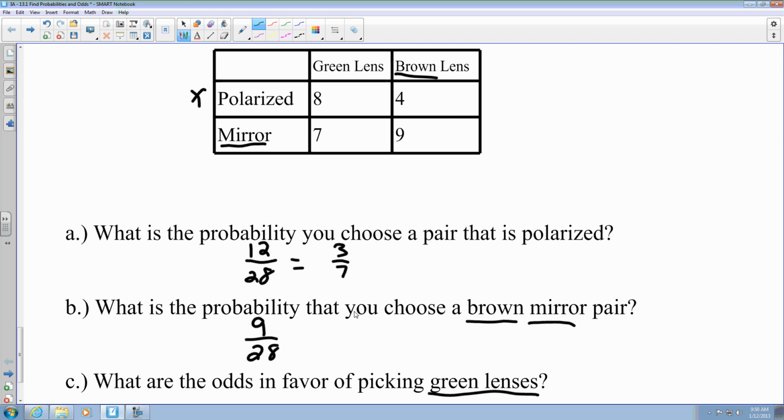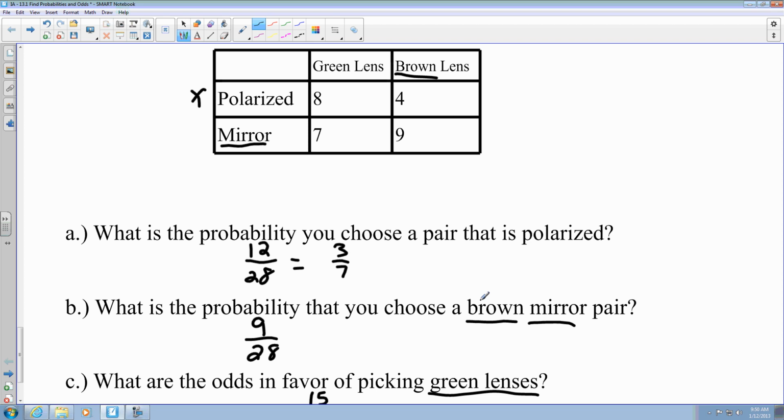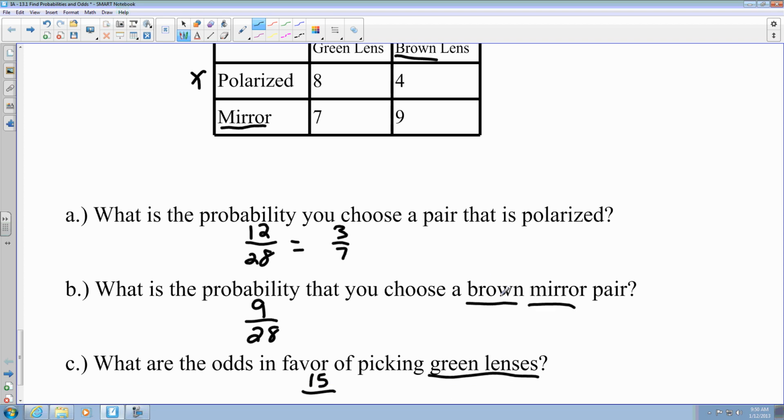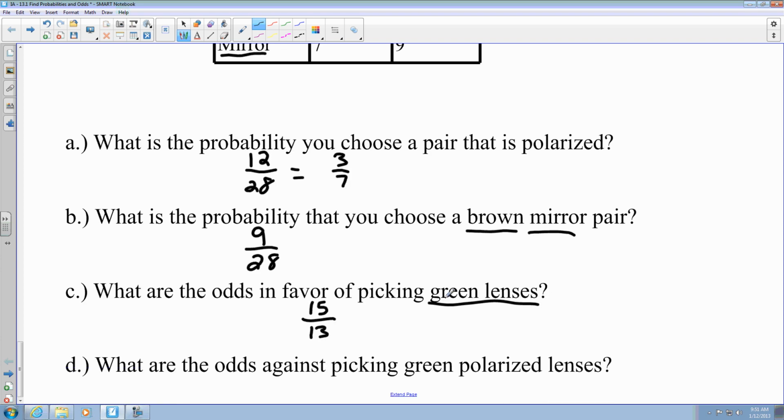There are 8 polarized and 7 mirrored, so there's 15 favorable outcomes I could get over 13. So it's 15 over 13. So my odds in favor of picking a green one is 15 over 13.